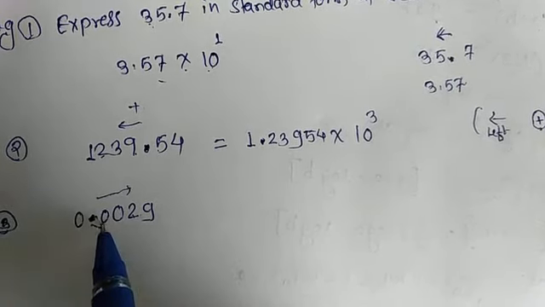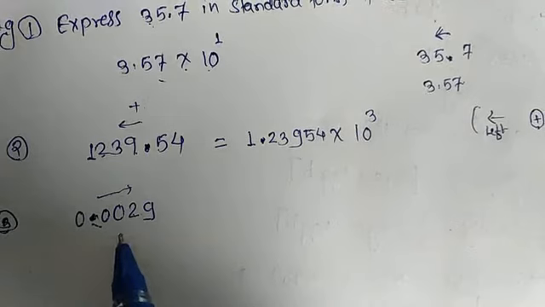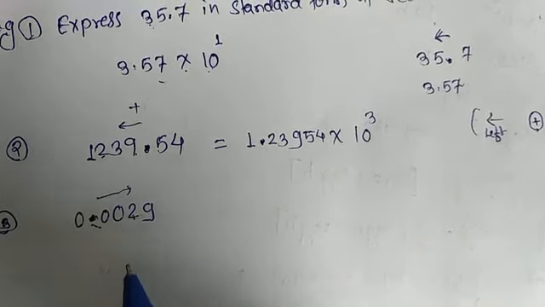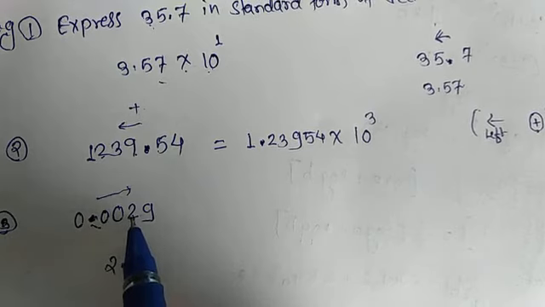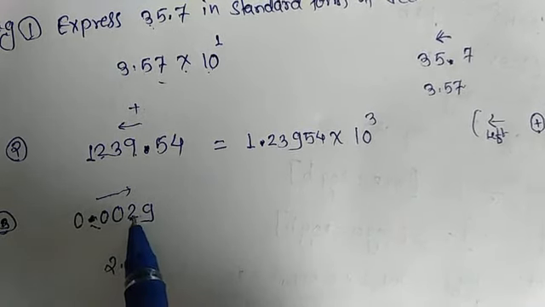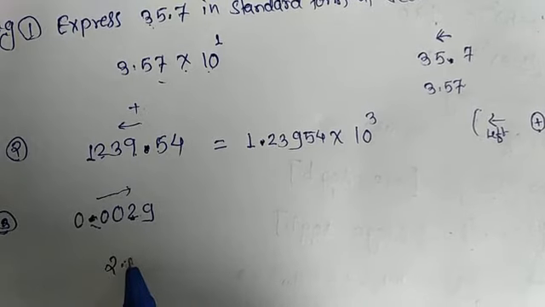We look for the first value greater than or equal to 1. Here it is 2, so 2.9.